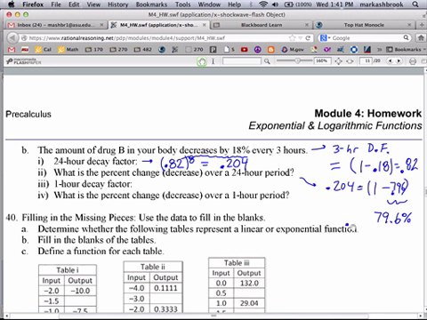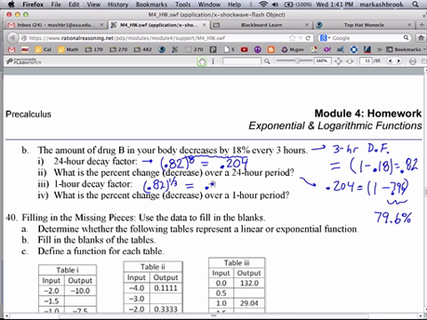Okay, 1 hour decay factor. So we can go back to the 3-hour decay factor and get it from that. How do we get the 1 hour decay factor? Raise it to the third. What does that equal? As soon as you get it, shout it out.